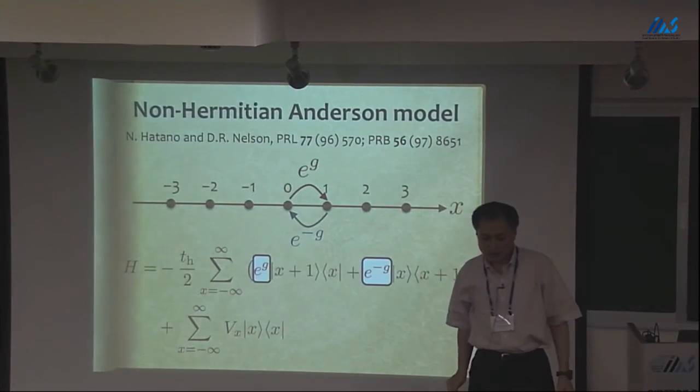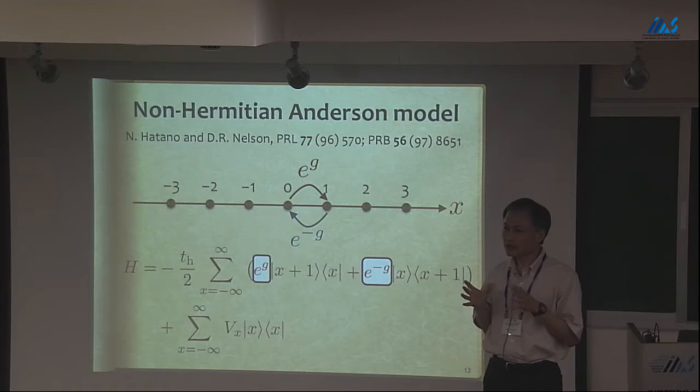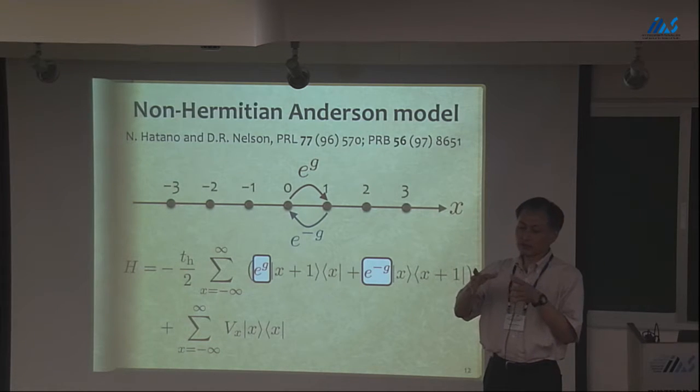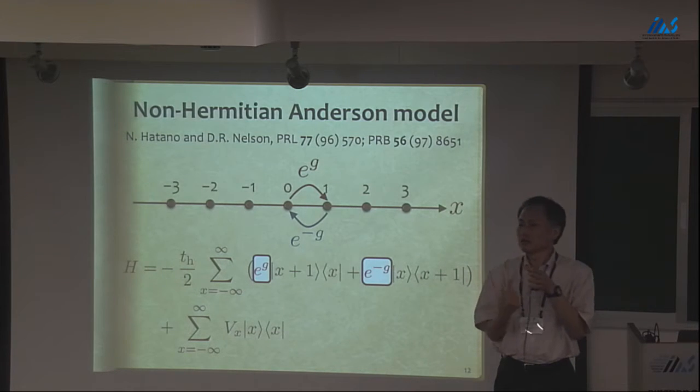The very original model that we had in mind with David Nelson was the three-dimensional high Tc superconductor with magnetic flux lines in it.